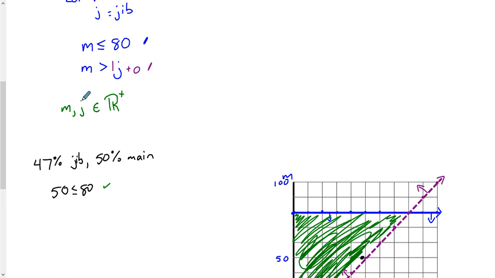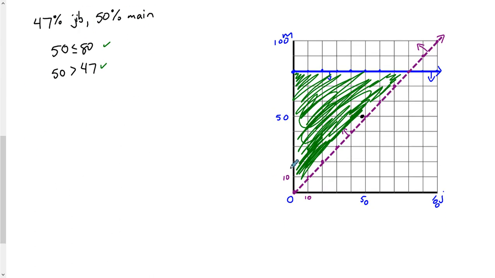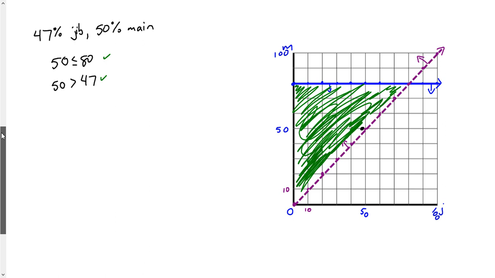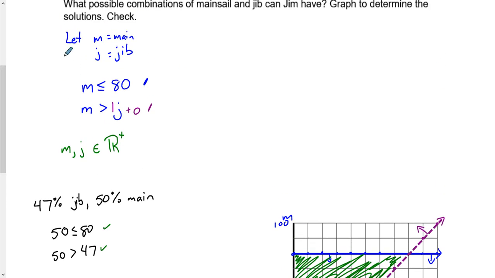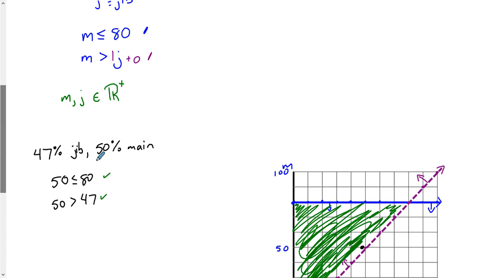Is 50% greater than 47%? Yep. So this is one possible solution. At the same time, there's technically an infinite amount of solutions in here because decimal values produce infinite amounts, but that's another discussion. So we've determined some possible solutions and we've checked it. And our last example.